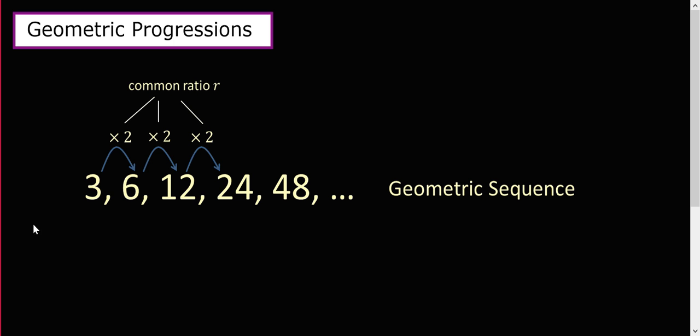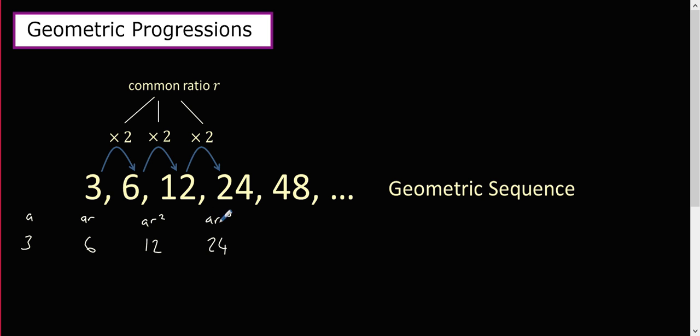If I flick back to this 3, 6, 12, 24, 48, we've got here 3, which is our first term. We've got 6, which is a multiplied by the common ratio r. We've got 12, which is 3 multiplied by r squared. So 3 multiplied by 2 squared, 3 times 4 is 12. 24, we've got ar to the 3.